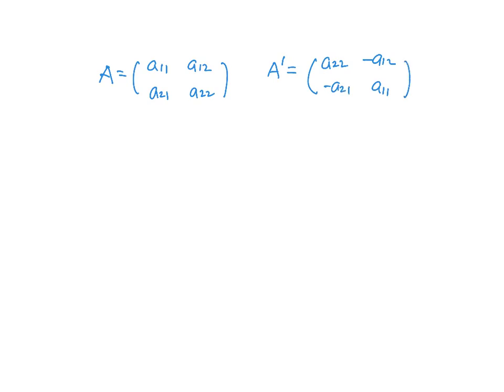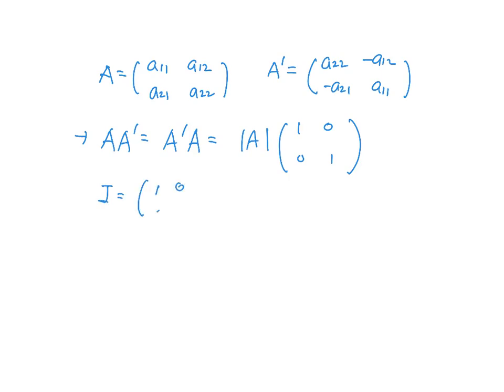The interesting thing is that A prime A turns out to be determinant A times 1, 0, 0, 1. So we are going to denote this particular matrix the identity matrix.